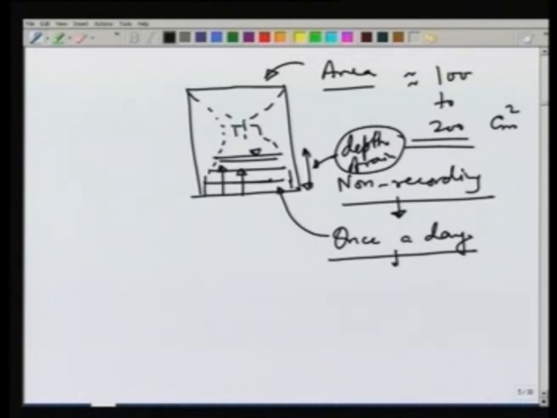Typically in the morning around 8 or 9 or about 8:30 a.m. In India typically around 8:30 a.m. the measurements are made, and whatever rainfall is measured is reported as occurring in the previous day.